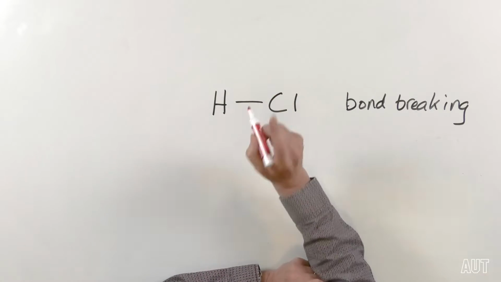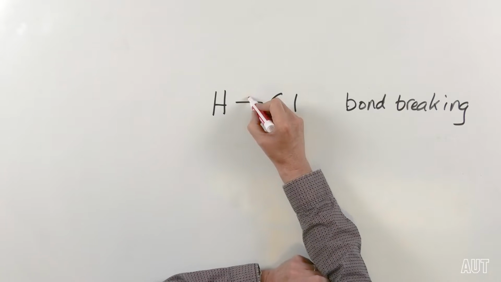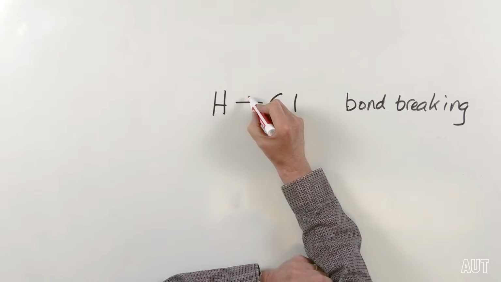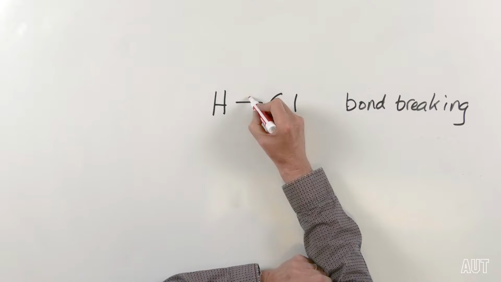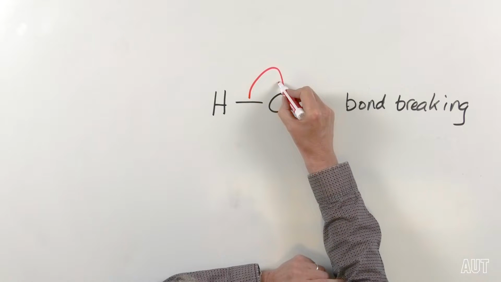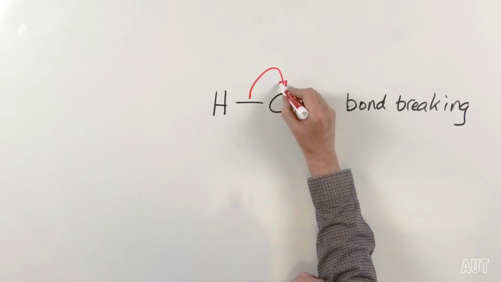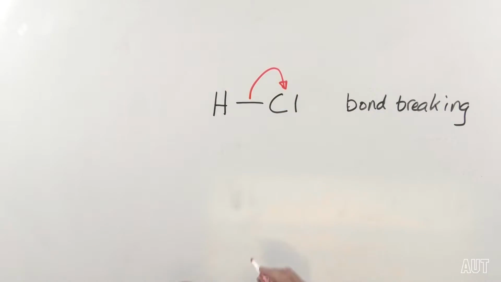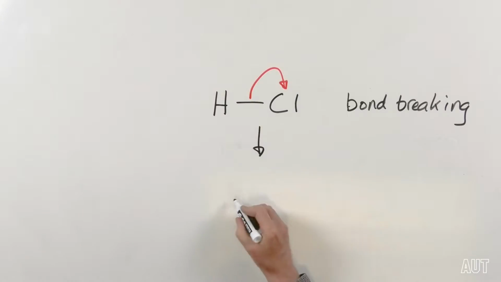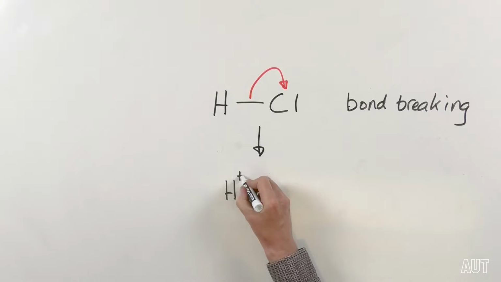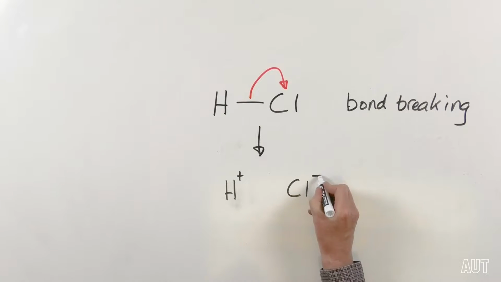So we start off, and this is really important, you start the arrow in the middle of the bond, and you move the arrow to the chlorine like that. So we've got our full arrowhead there, the 2 barbed arrowhead. And if we carry out that particular process, then the products of that process are going to be H+ and Cl-.